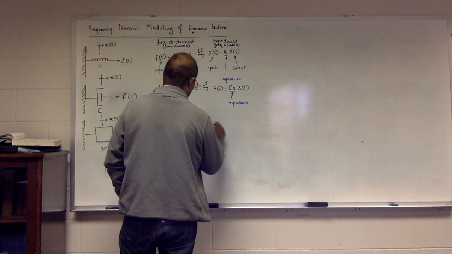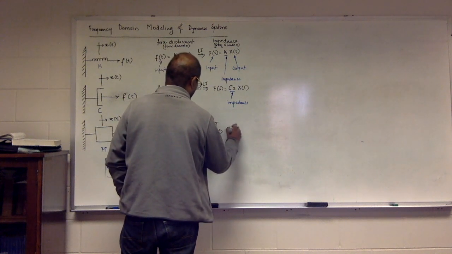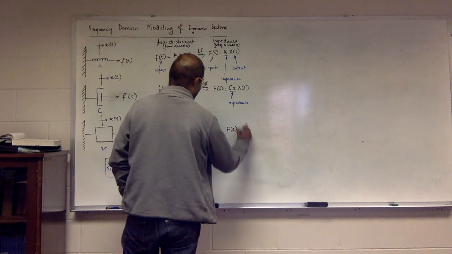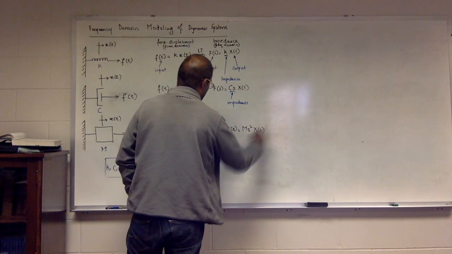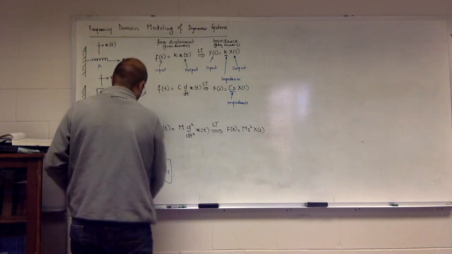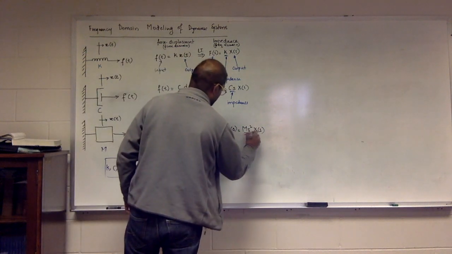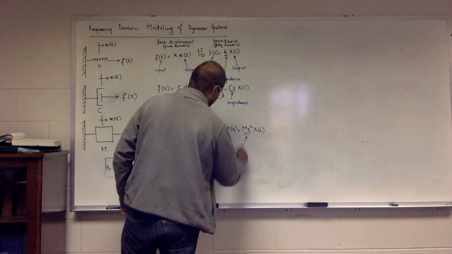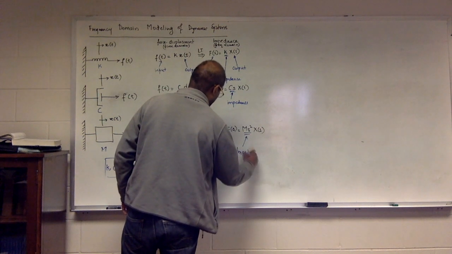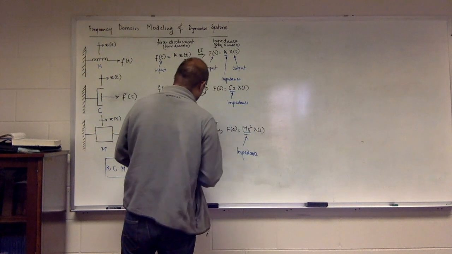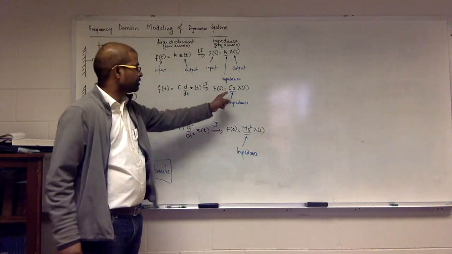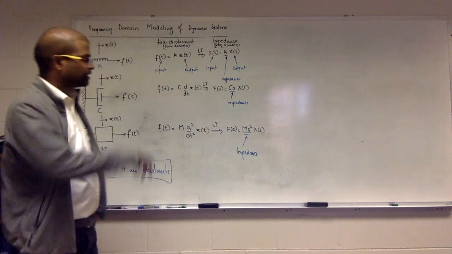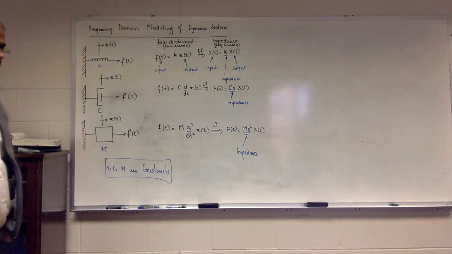If you take the Laplace transform, you're going to get F of s equal to m s square X of s. Again, this is the impedance. So you have to understand that K, C s, and m s square are all impedances.